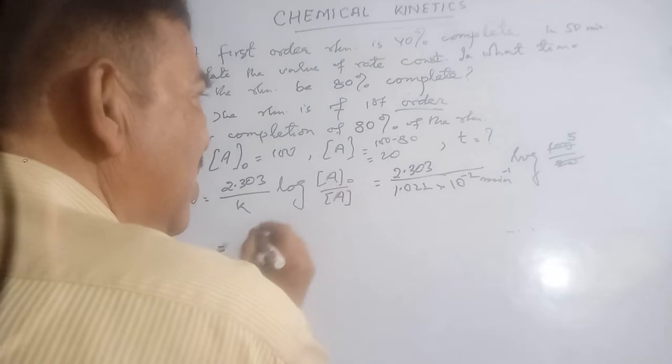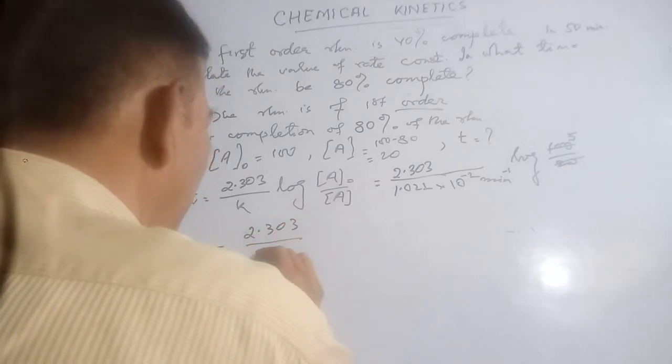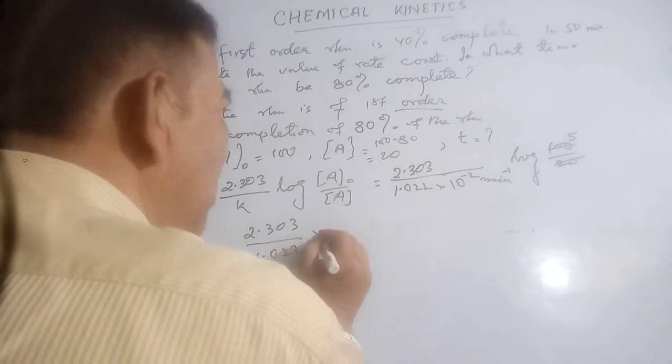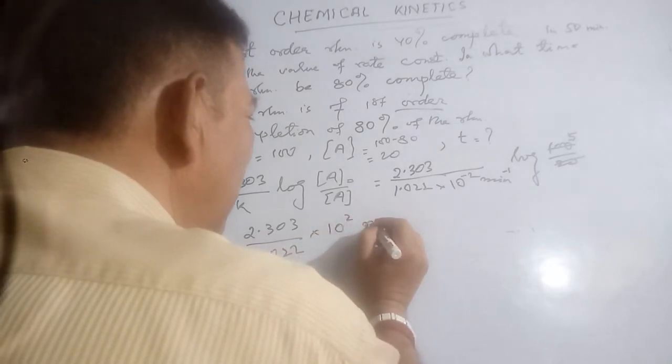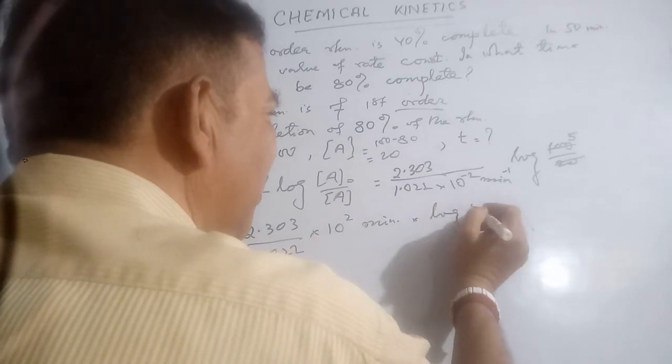This equals 2.303 by 1.022 into 10 to the power minus 2 per minute into log 5.